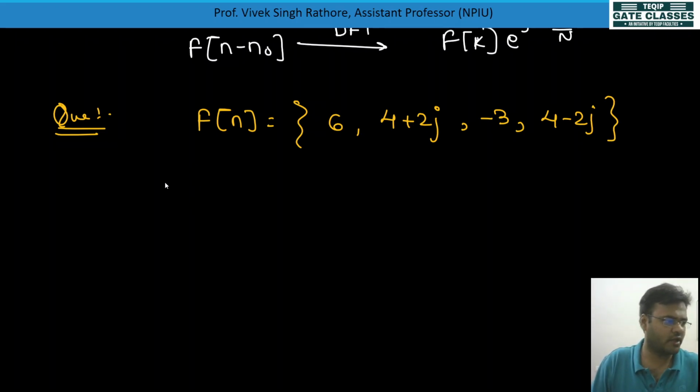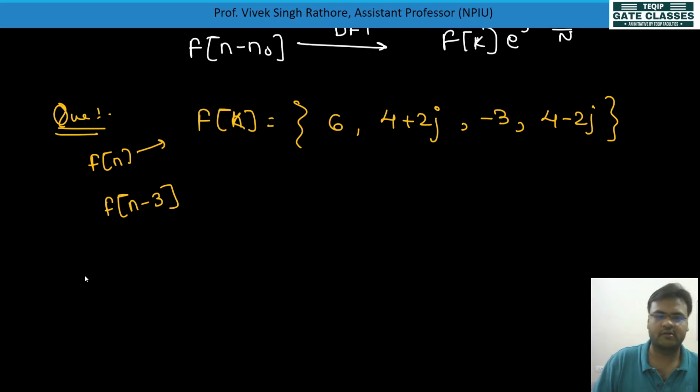Sorry, this is f of k, because it is in the frequency domain. I was telling you that f of n has its DFT value f of k like this. So what will be the DFT of f of n minus 3?